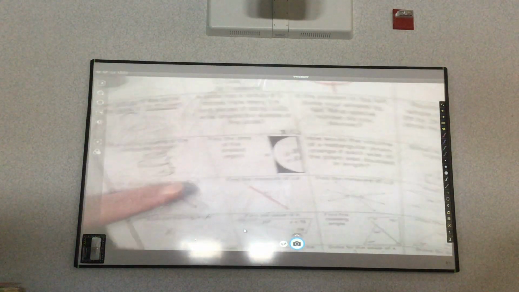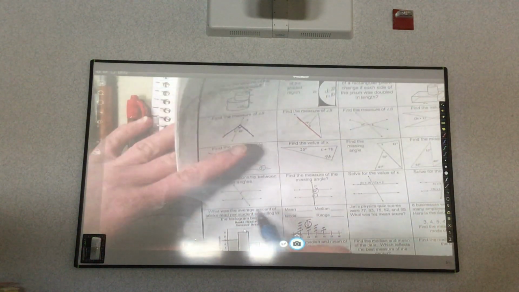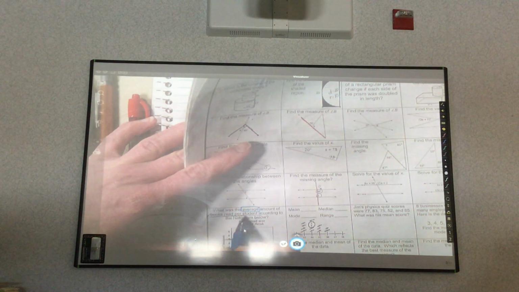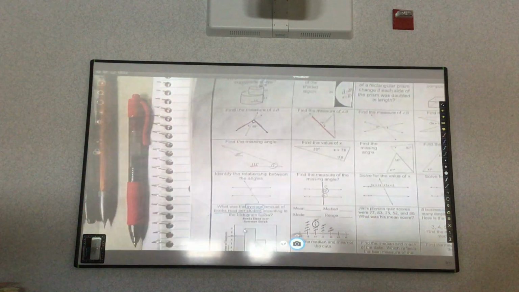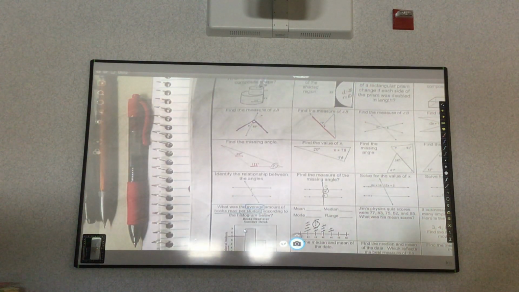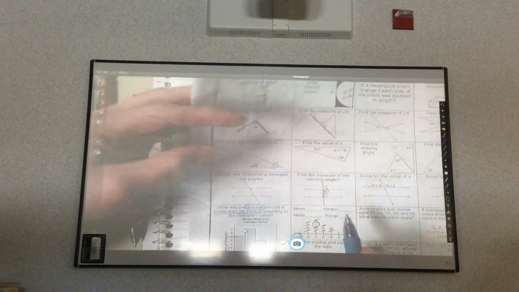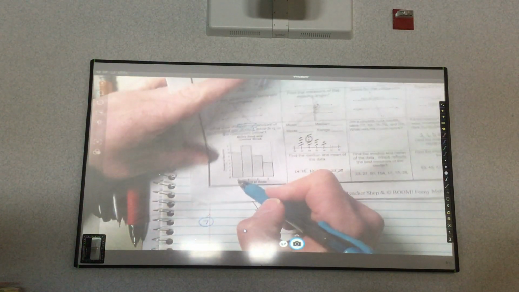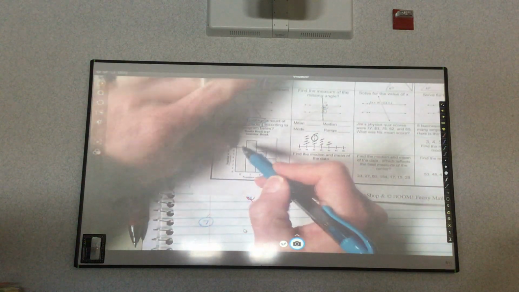Seven is kind of a long one, but it's 7 and 8. What was the average? So I have to find the average amount of books read per student according to this histogram. So add them all together. Well, first, you have to figure out how many books were read. So if these are the number of books, 0 books times 7.